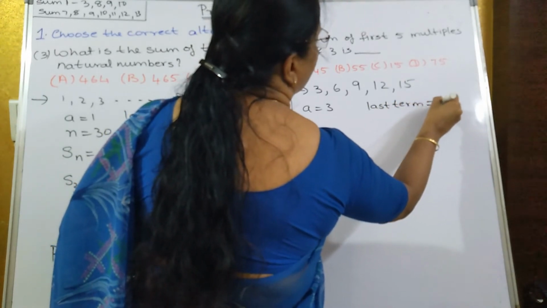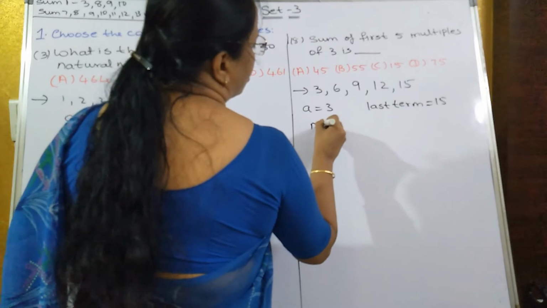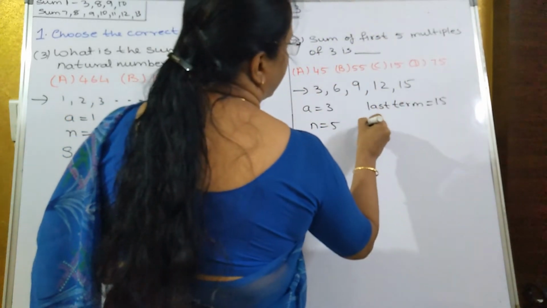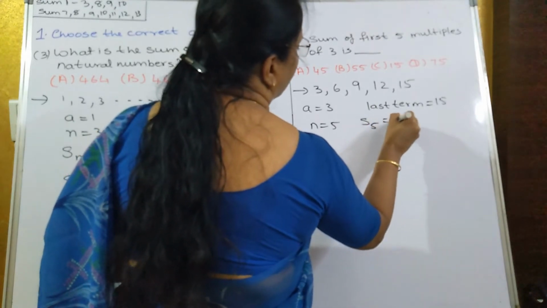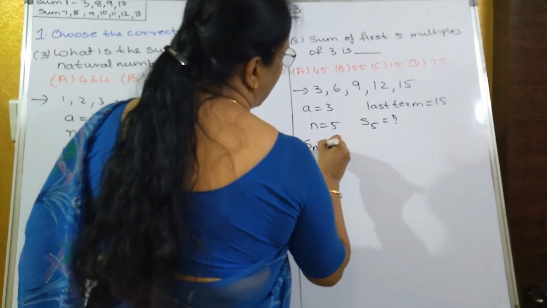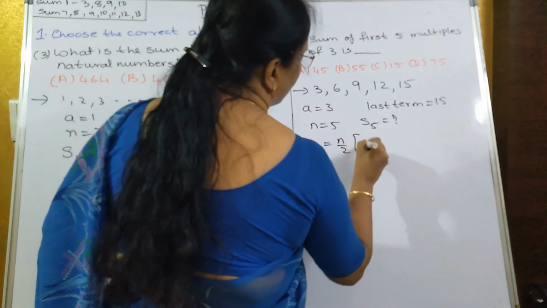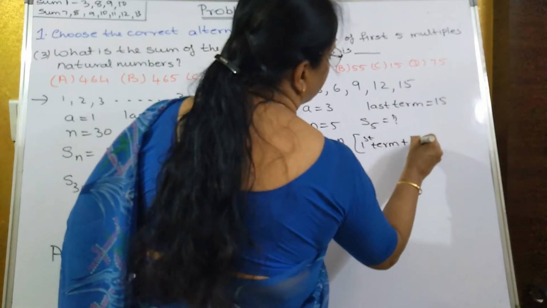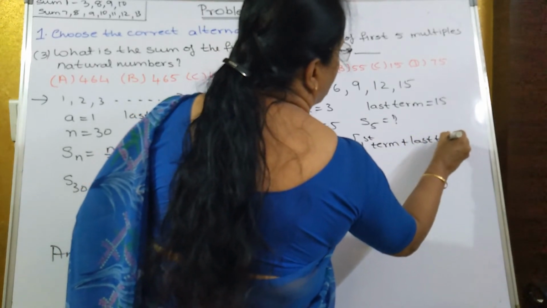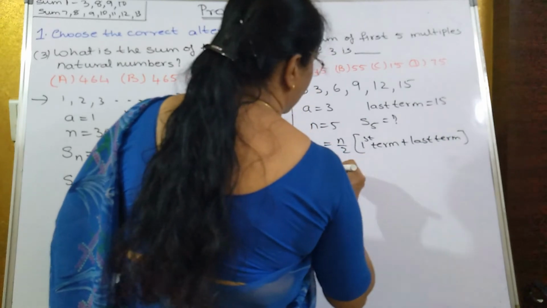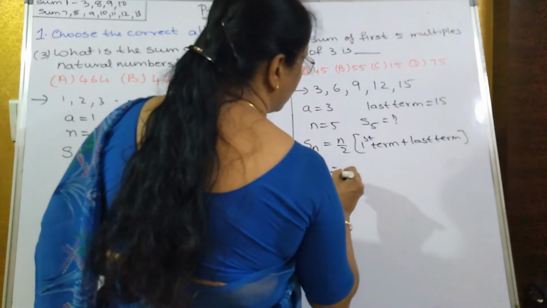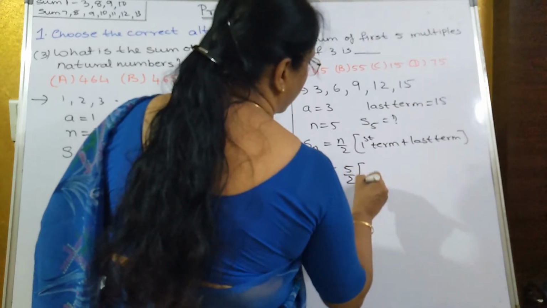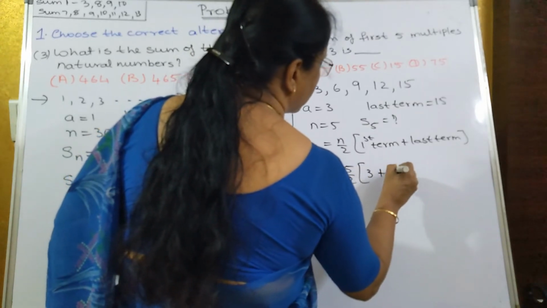Is equal to 15. N is equal to 5 because we have to find out the sum of first 5 multiples, and S5 we have to find out. Here also we know first and the last term, so n upon 2 into first term plus last term, that's equal to S5 is equal to 5 upon 2 into first term is what? 3 and the last term is what? 15.